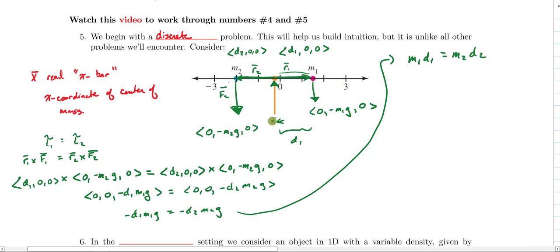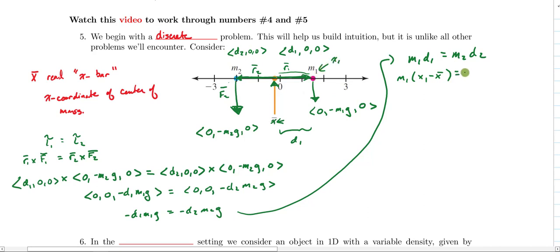If we're calling the hypothetical center of mass x bar, then d1 is the distance between the center of mass here and the location of mass 1. Because mass 1, as I've drawn this image, is to the right of x bar, I'm going to say that d1 would be x1 minus x bar, where I'm saying that this is at the coordinate x1.